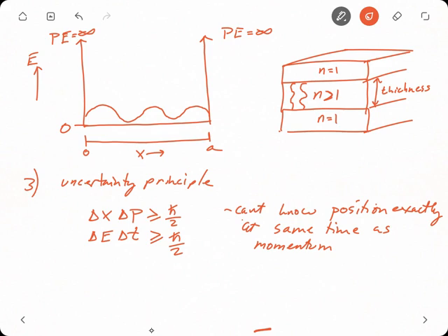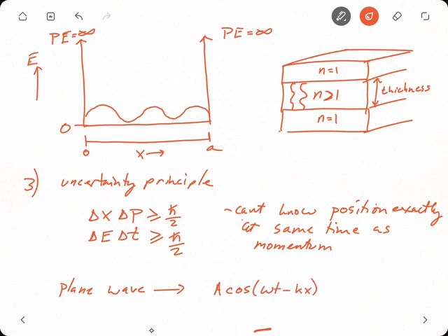And we'll use this to understand some of the features of quantum states inside semiconductors. So, for example, a plane wave has a formula that looks like A times cosine(omega t minus kx).